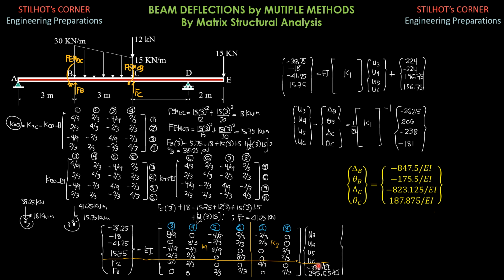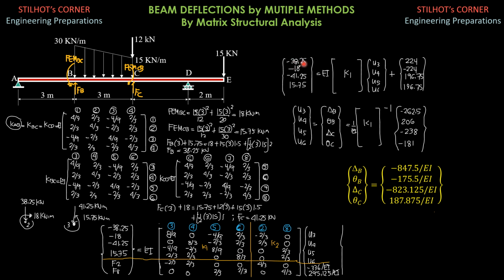Then 0 times negative 336 plus 2/3 times 295.125 is 196.75. We now combine this conformable matrix with respect to addition or subtraction.